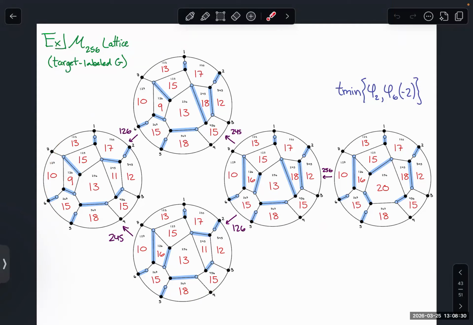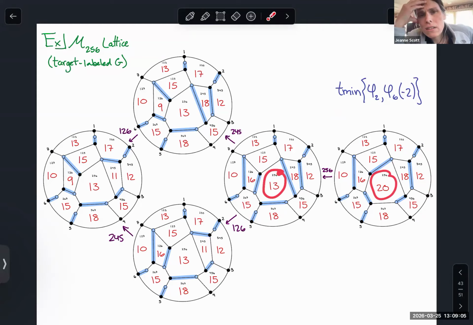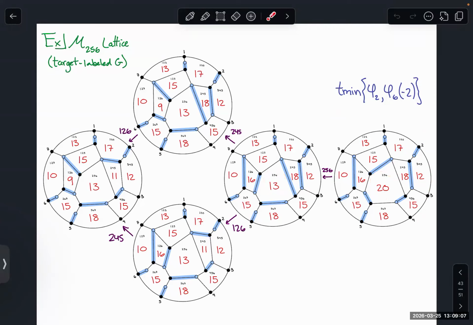I'm not sure that I have a way of expressing them as a T min or a T max themselves, but I do have a way of describing what the height should be on each face. This is kind of the T min height function, but then what I'm really doing is changing to get from the top to the second highest. I'm just taking away 7 from that height. And so I can do that repetitively.